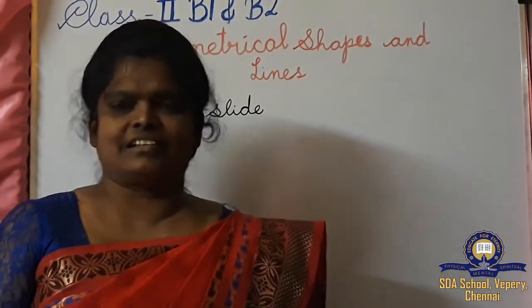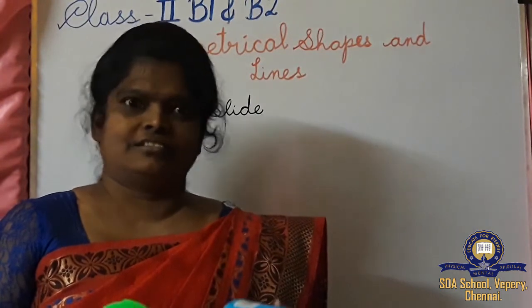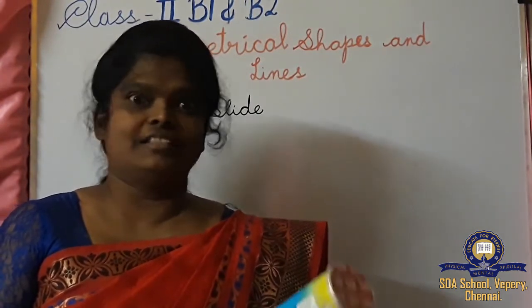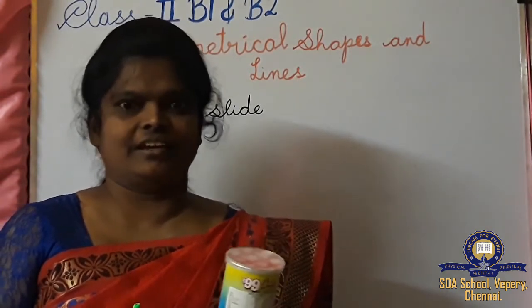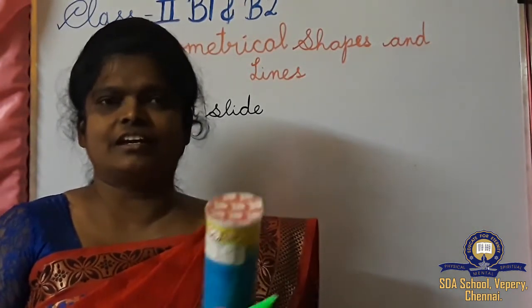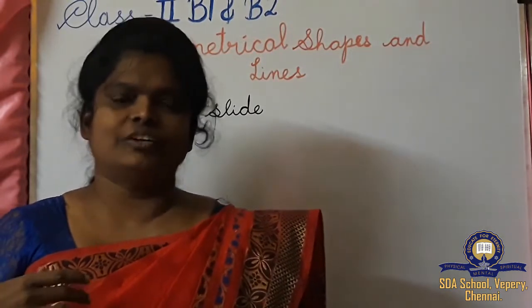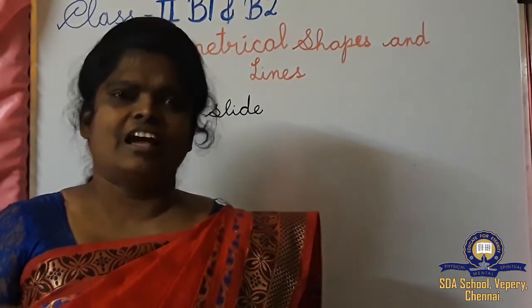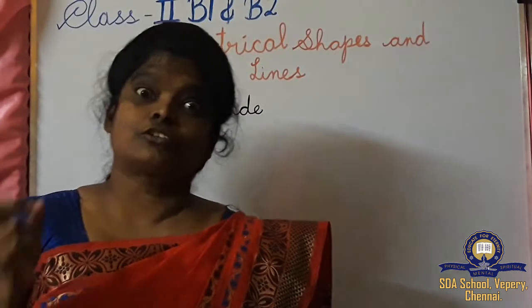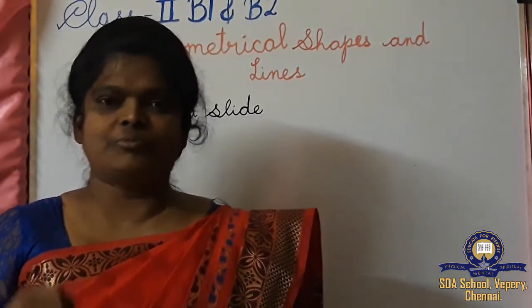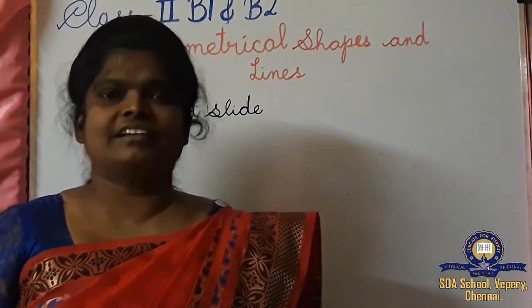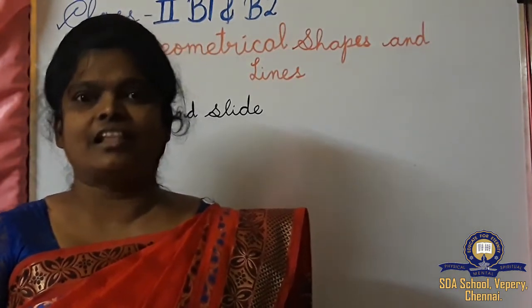But other things, the sphere can only roll. Only the cuboid and the cube can only slide. So we have seen which objects can slide, which can roll, and which can roll and slide. I think you all understand about the objects which can roll and slide. Next we are going to learn lines.